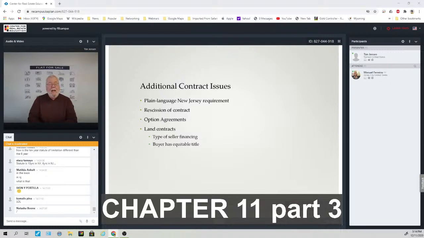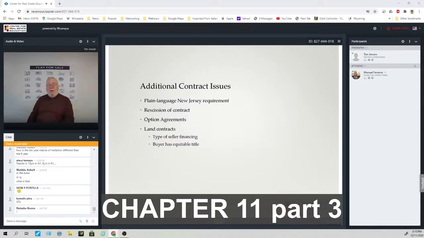Some contracts add option agreements to them. Remember I told you about the sales manager, if you get 4 listings in a month, you get a $500 bonus. That would be a unilateral contract option offered to his employees. They can choose to perform on that or not. It's up to them. It's an option.